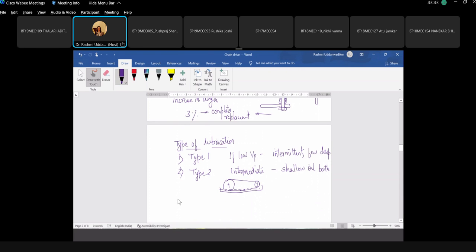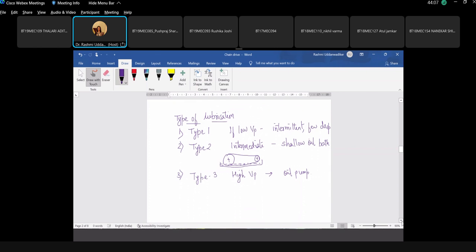And type 3 is where it is rotating at high peripheral velocity, and this requires an oil pump. So it is forced lubrication with the help of an oil pump. While designing a chain drive, we will also specify the type of lubrication based on the peripheral velocity.